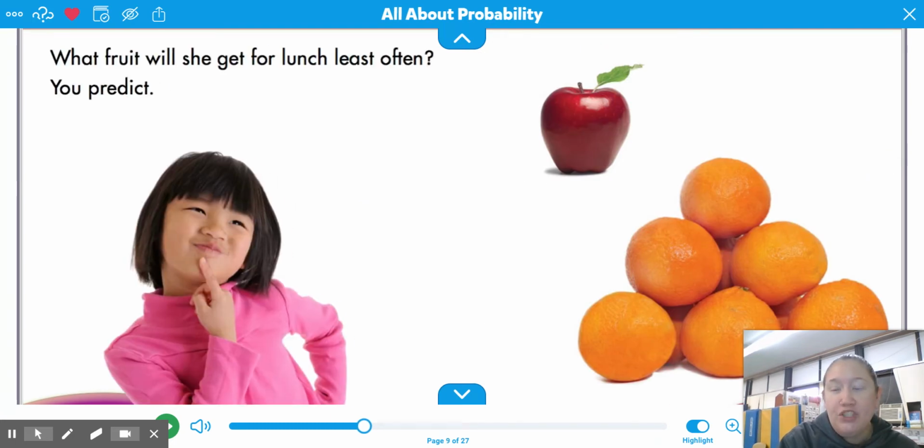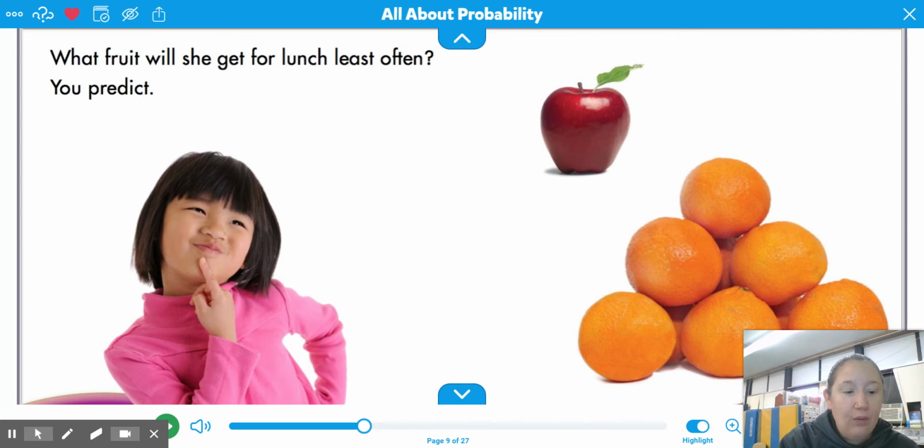What fruit will she get for lunch least often? You predict. All right, so we have one apple, and let's count the oranges. 1, 2, 3, 4, 5, 6. Okay, so which fruit will she get for lunch least often? So which one has less?